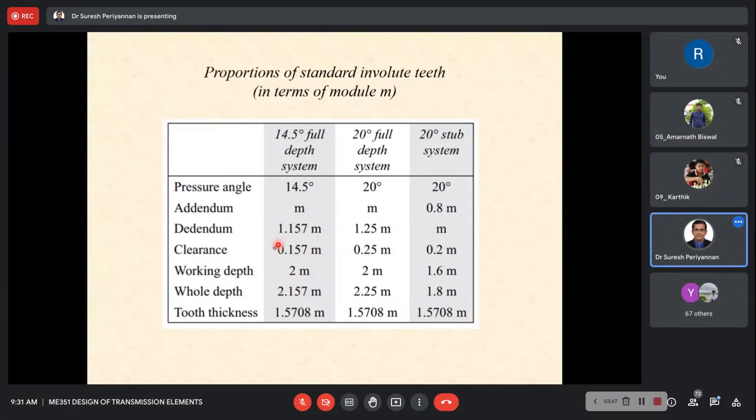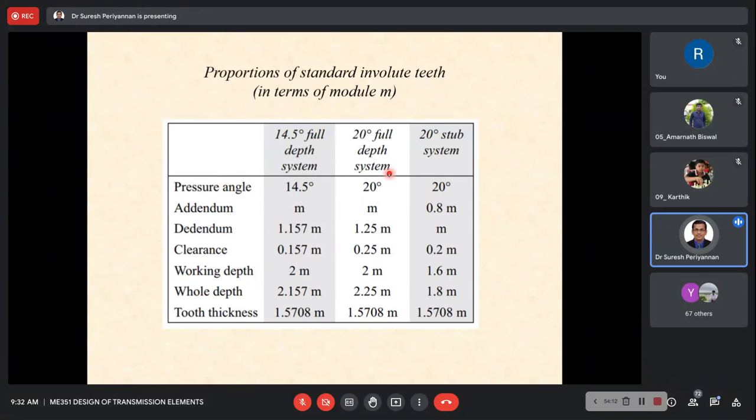The clearance, which we already discussed, is 0.157 times module. The working depth will be 2 times module, the whole depth is 2.157 times module, and tooth thickness is going to be 1.57 times module. If we consider only this statement, we have to follow this for our gear design.